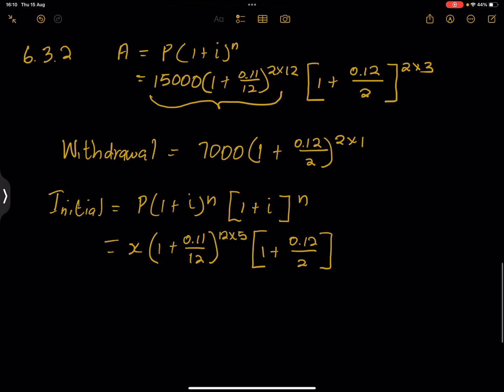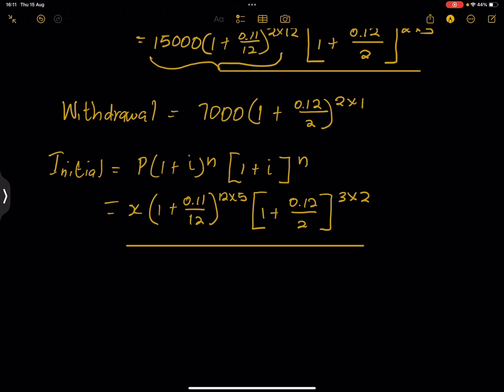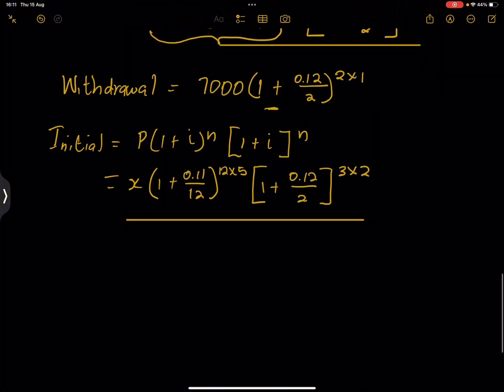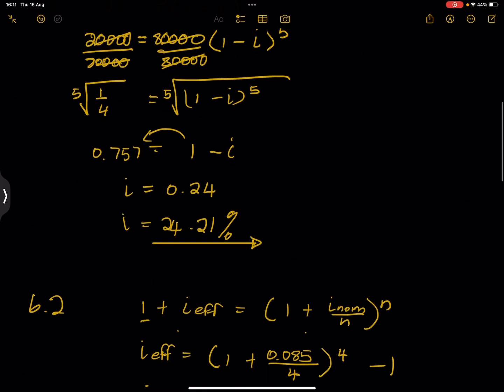So 0.12 over 2, that would be 3 multiplied by 2. Now, ladies and gents, we need to add this amount to that amount of 15,000 that was added, and we are going to subtract the 7,000 that was withdrawn. And we know that all of this will give us that amount of 90,100.